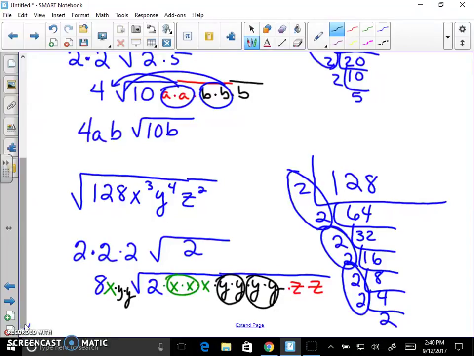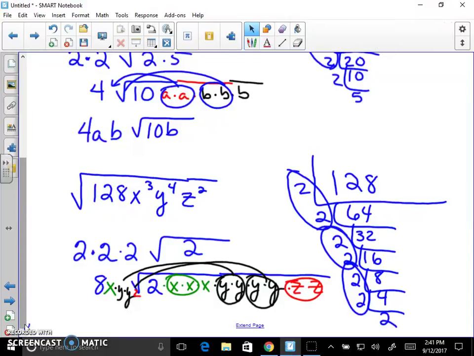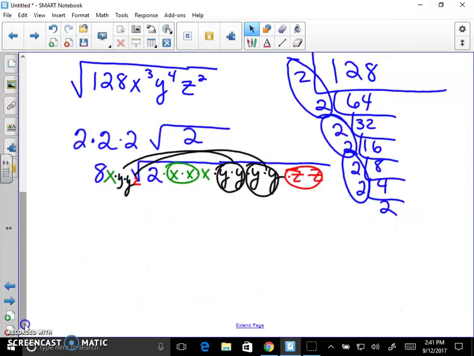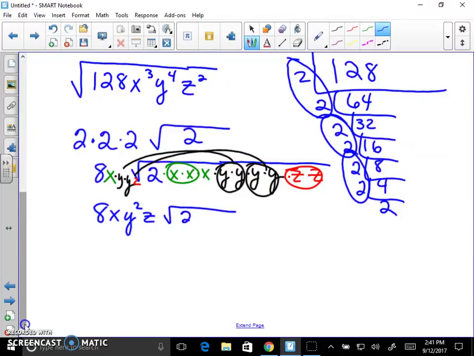There's your second y. Oops. Right. And then your z. So let's simplify this. So we have 8x, y times y is y squared, z. And now what we have left underneath is a 2x.